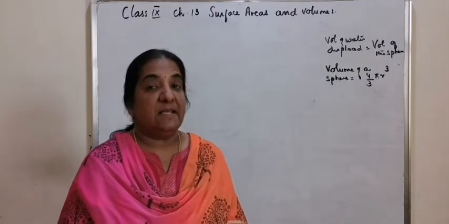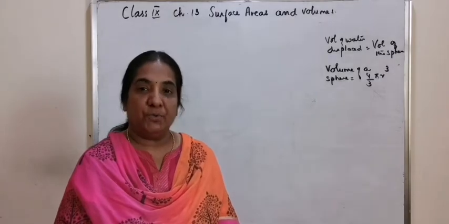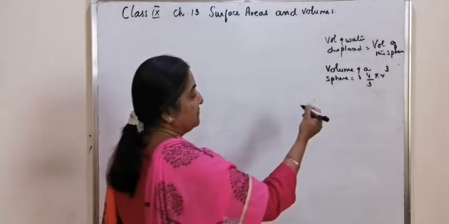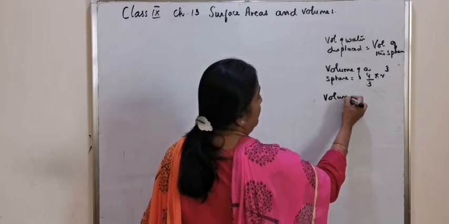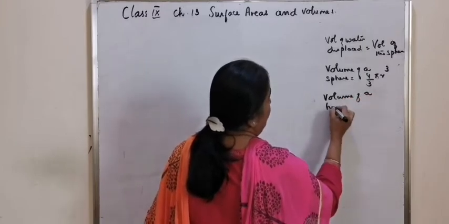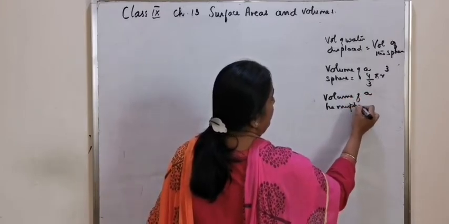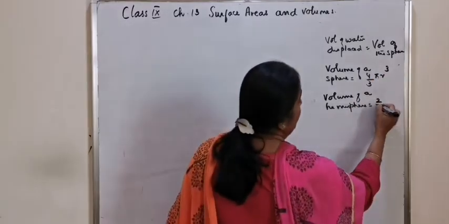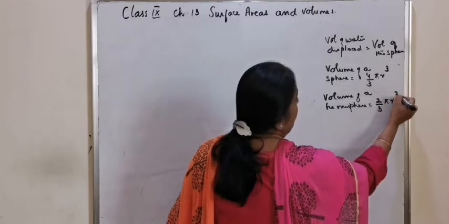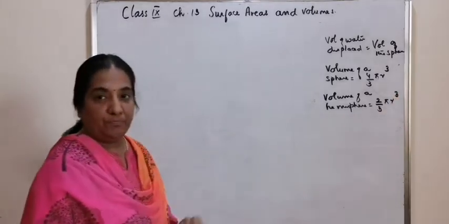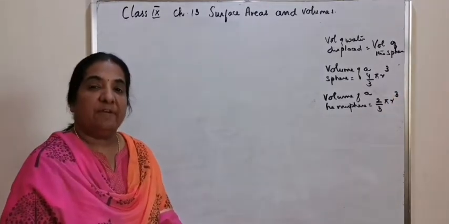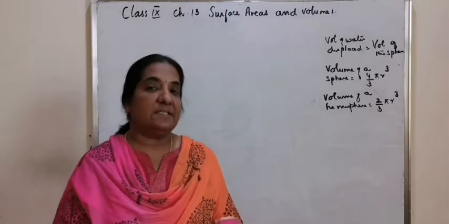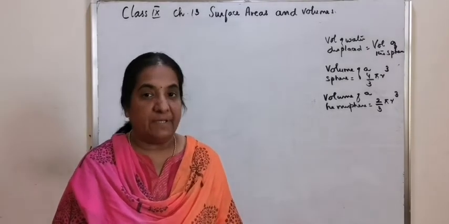A hemisphere represents half of a sphere and so the volume of a hemisphere is equal to half of 4 by 3 pi r cubed, or it is the same as 2 by 3 pi r cubed.